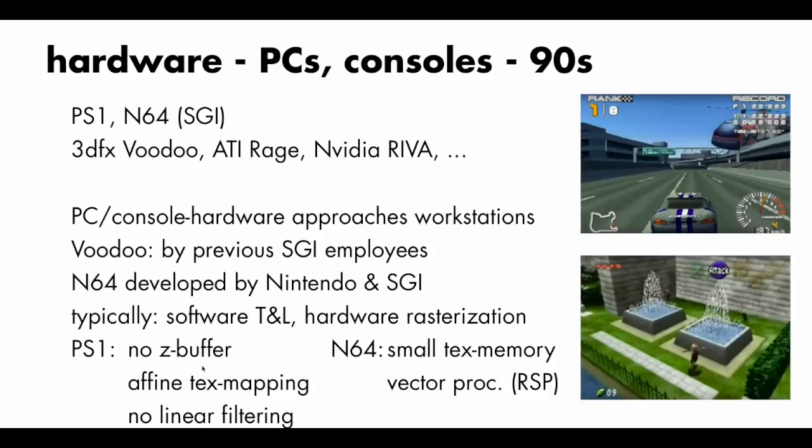And just to compare a little bit, the PS1 has no depth buffer. It does affine texture mapping, so it has these wobbly textures as the perspective changes. It has no linear texture filtering, so everything that's textured is very pixelated. The N64, in comparison, does have linear filtering, but only a very small texture memory. It does perspective texture mapping.